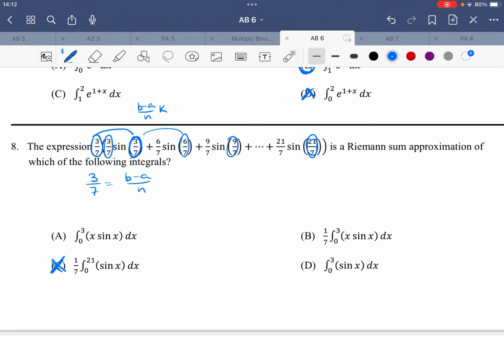Except what I see here is that this same x appears here too. So our function is going to have the x twice. In this case, actually, it's going to be x sine of x. And then the integral, in this case, since there was no plus in here, this is our x. That means that there's no a plus. So that means that a is 0. And we said that the width was 3. So it has to be a.